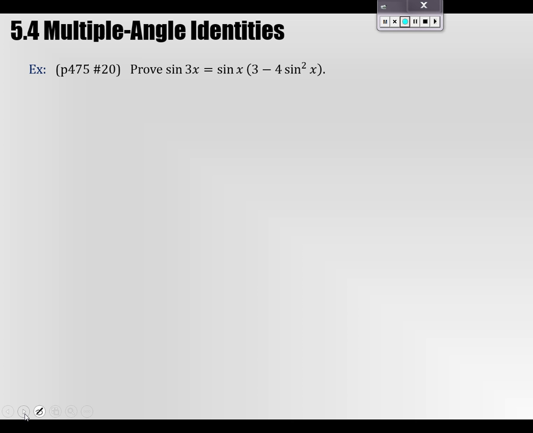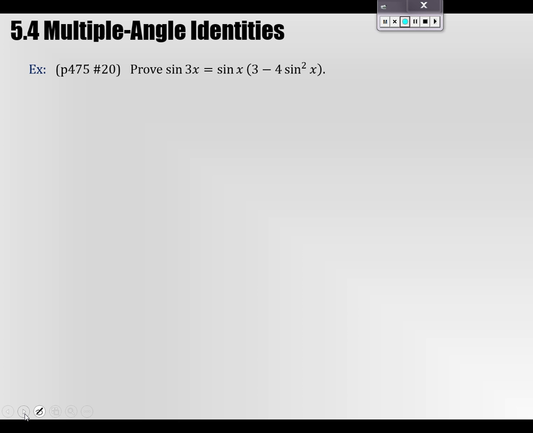All right, I'm going to start with the left-hand side here. Sine of 3x can be expressed as the sine of x plus 2x. And then I'm going to use the sine sum formula, which is sine of the first thing times the cosine of the second thing plus cosine of the first thing, sine of the second thing.